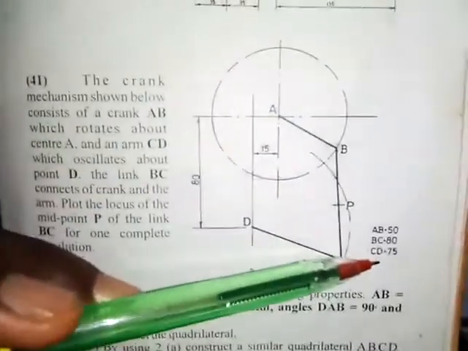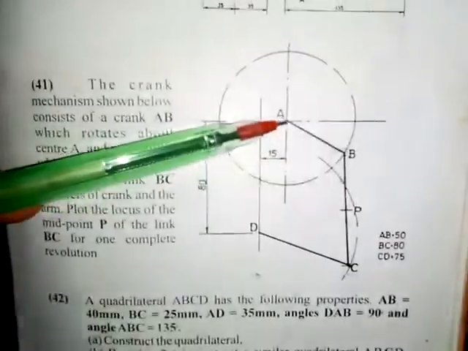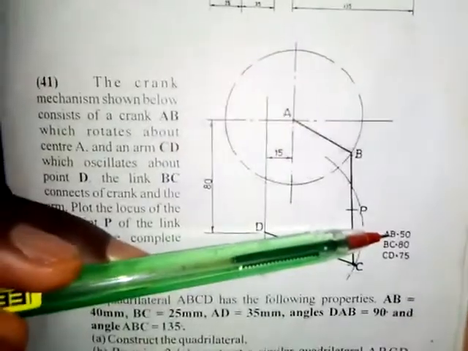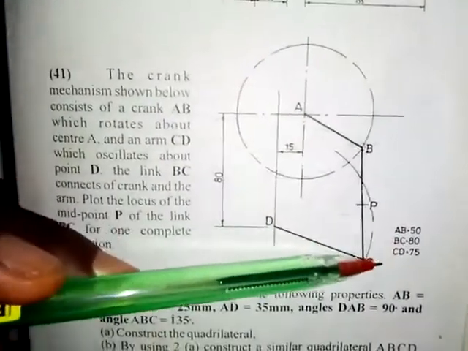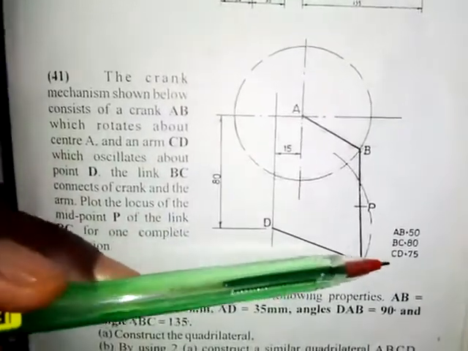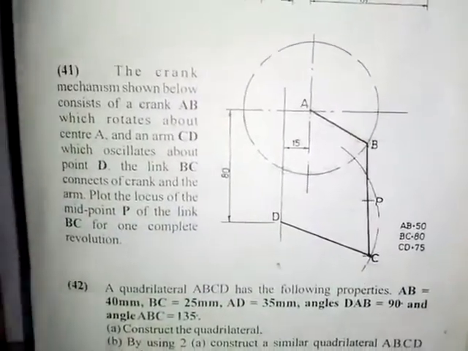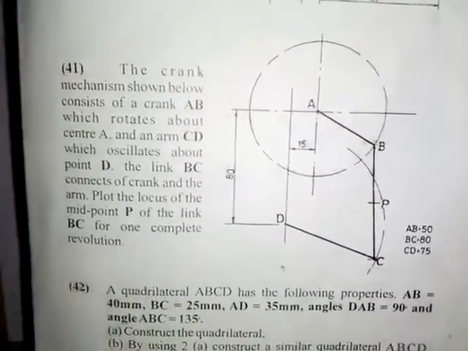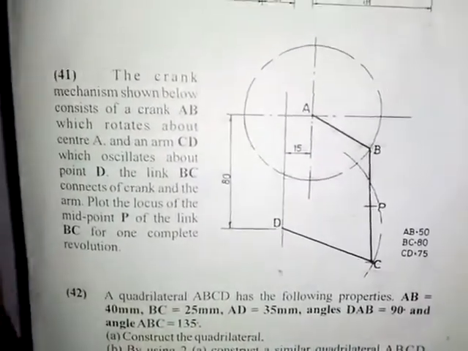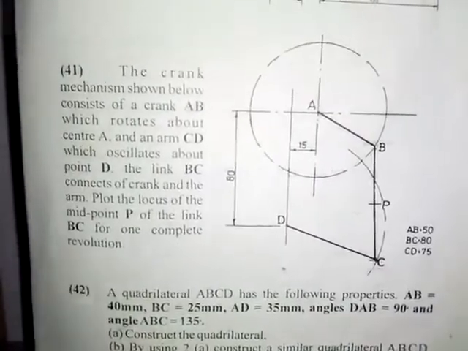And then AB is 50 millimeters, BC is 80 millimeters, and CD is 75 millimeters. So all these things are what we are going to put in our drawing. Just pay attention to the way I'm going to do it. It's very simple.